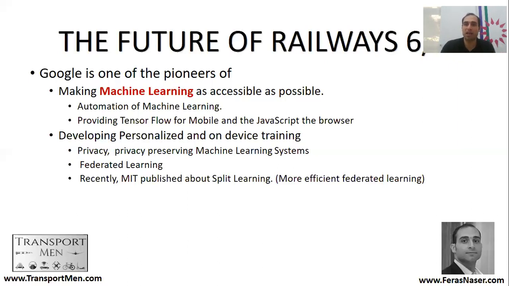So it's about having a group of machine learning models that are aggregated and sent to the cloud without compromising individual privacy. And recently there was a new publication by MIT about split learning, which is a more efficient federated learning approach.